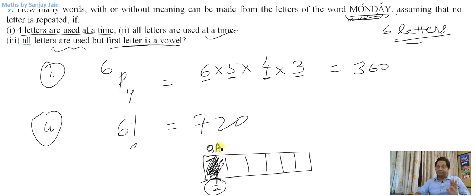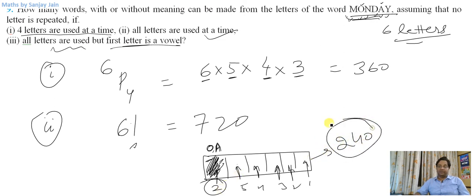So I am left with 5 letters now. So this place can be filled in 5 ways, this in 4 ways, this in 3 ways, 2 ways, only 1 way. So this is the answer: 5 factorial, that is 120, into 2. 240 ways I can form if all letters are used but the first letter is a vowel. I hope you got the idea.